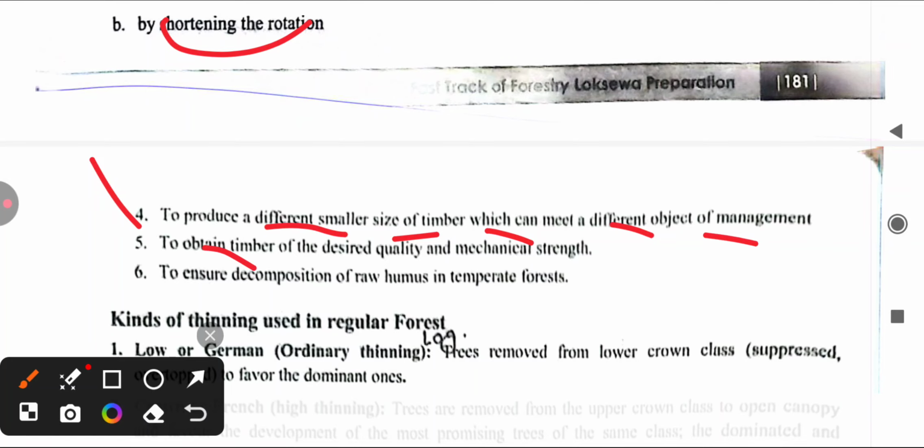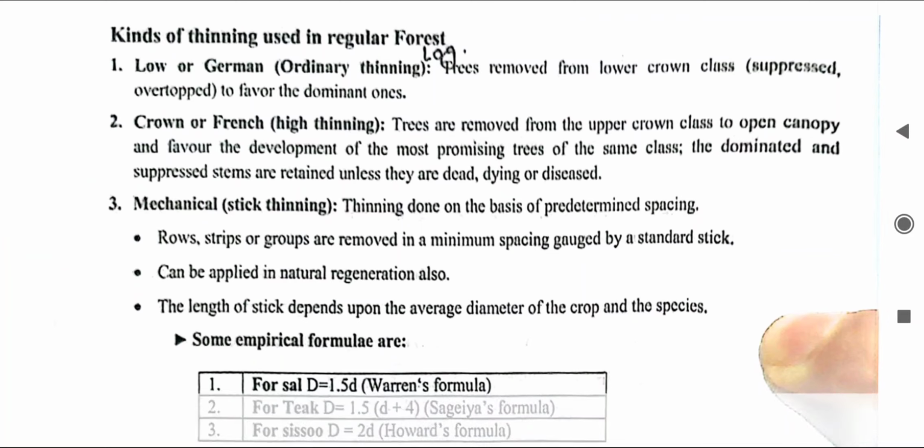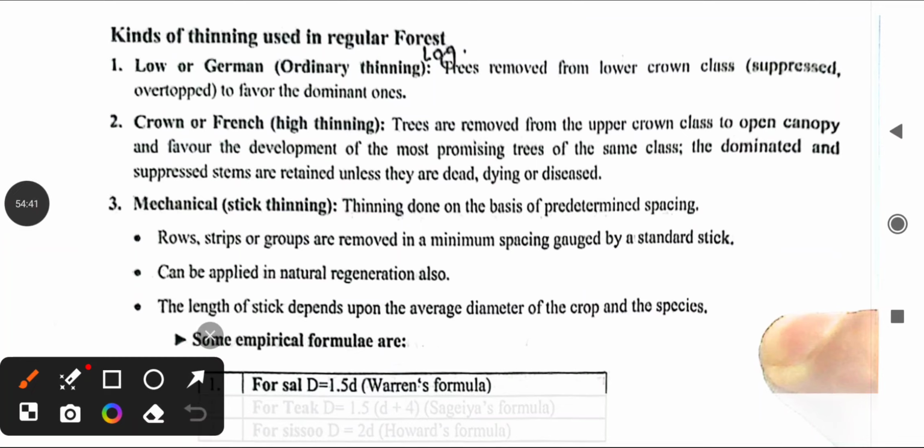To obtain timber of the desired quality and mechanical strength. To ensure decomposition of raw humus in temperate forest. Kinds of thinning used in regular forest.